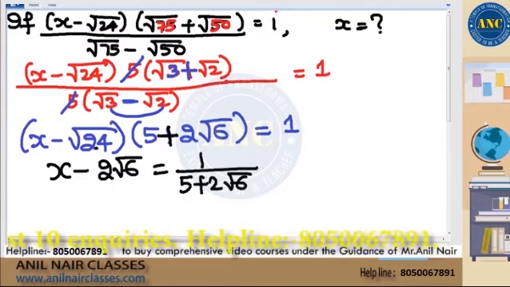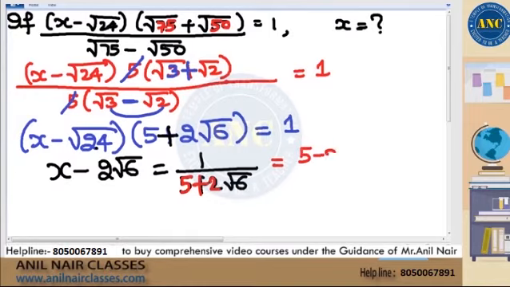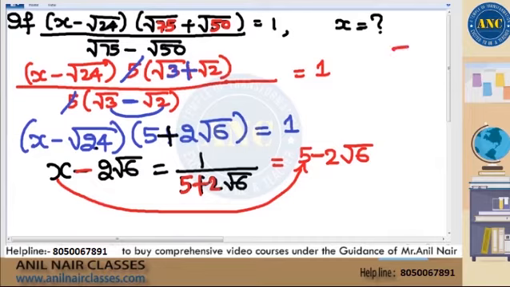If I rationalize, what will I get? 5 minus 2 root 6: 5 square is 25, 2 root 6 whole square is 4 into 6, 24, 25 minus 24 is 1, so the denominator is again 1. Numerator will be 5 minus 2 root 6 into 1. So minus 2 root 6 and minus 2 root 6 can be cancelled. In place of x I have which value? 5. Answer is 5.